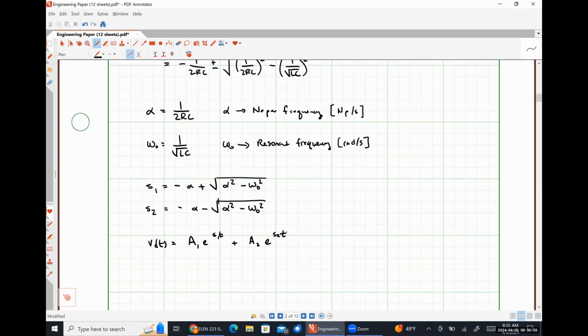So this might seem a little weird, but think about it in this context. So when we were dealing with first order circuits, so RL and RC circuits, what did the value of A, that coefficient out in front of the exponential, what was it related to?